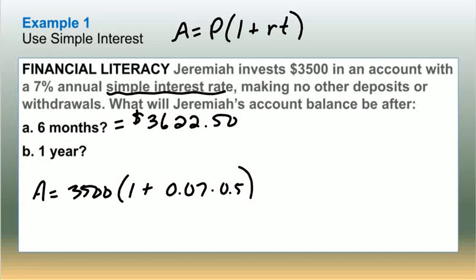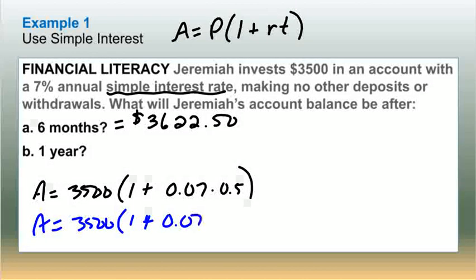Now for 1 year, same equation, but I would have 0.07 times 1. If I put in the 1 there instead of the 0.5, we end up with an amount of $3,745.